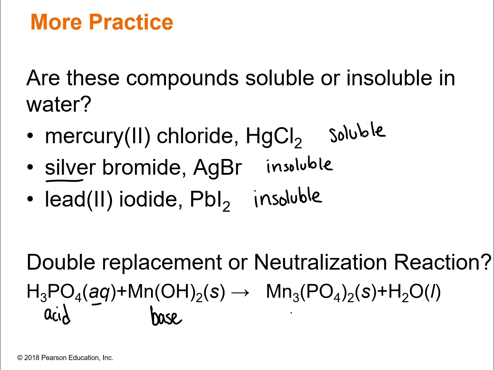We're making some kind of ternary ionic compound, which happens to be a solid, and water. Does that sound like a double replacement or neutralization reaction? We said neutralization needs water, and that's what we see here. So this must be a neutralization reaction.